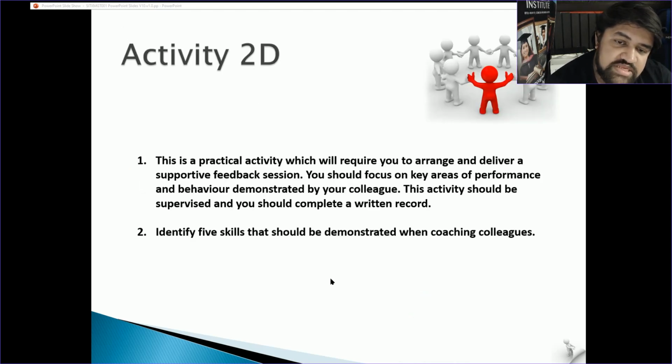Alright, so for this activity 2D, you should focus on key areas of performance and behavior demonstrated by your colleague. And then we've got to identify 5 skills that should be demonstrated when coaching colleagues. So the first one, we're essentially going to be talking about how to positively review colleagues.